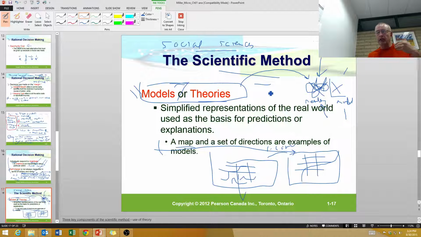But the mere fact that our model does not describe 100% of things, it doesn't describe everything, even though the model's not perfect, the model can still be useful. Models don't have to be perfect in order to be useful.